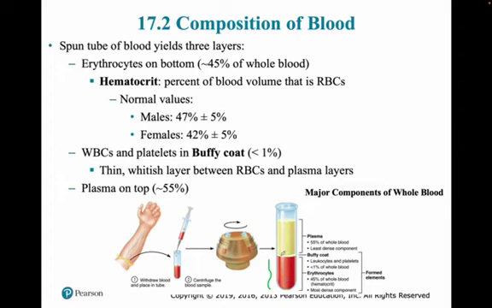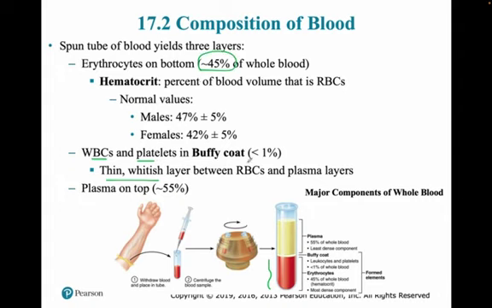On top of that, there will be a small buffy coat. It is a little bit visible, thin and whitish in color, and what does it have? It has the white blood cells and the platelets, which are the other formed elements. So erythrocytes are approximately 45%.